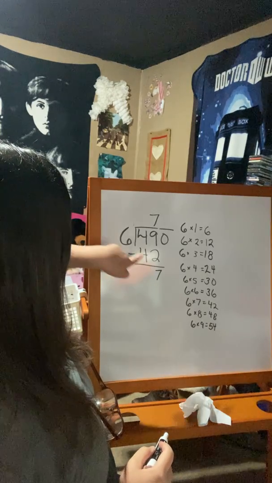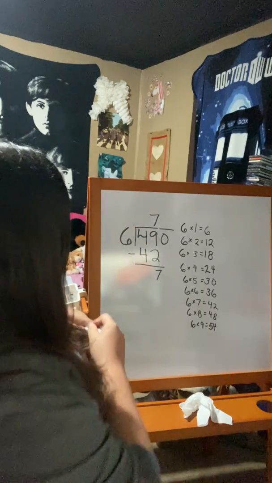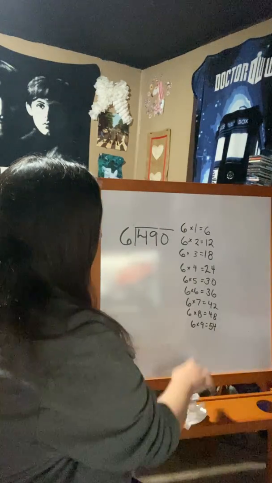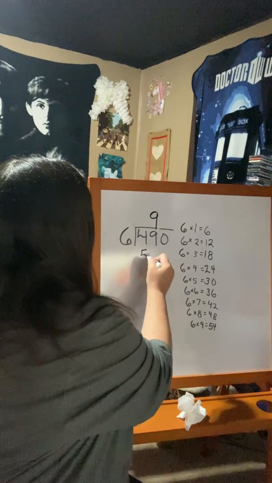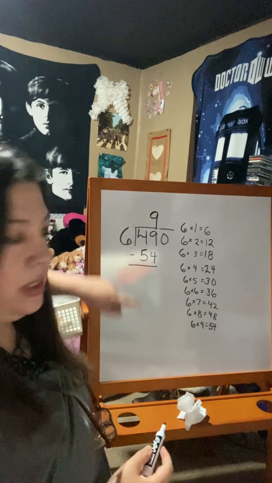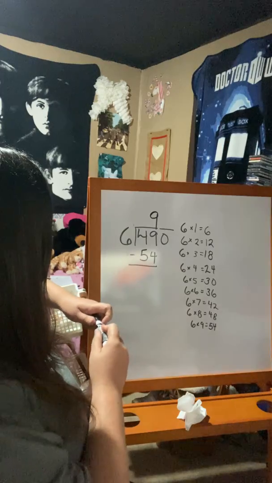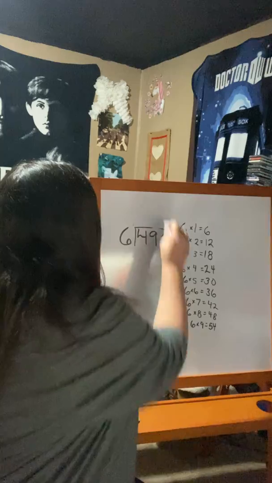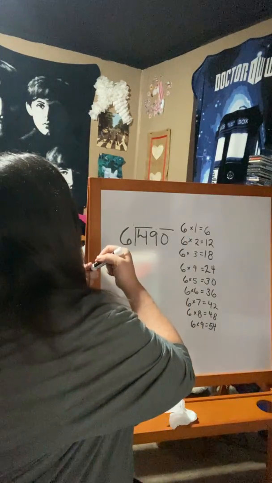You can't have a remainder that's bigger than this number. So that's how we knew that we picked the wrong number. What if we had gone the other way and picked 9? 6 times 9 is 54. Well, you can't subtract 49 minus 54. You can't subtract a big number from a small number. Doesn't work out. So the one in between, 6 times 8, that's the right one.